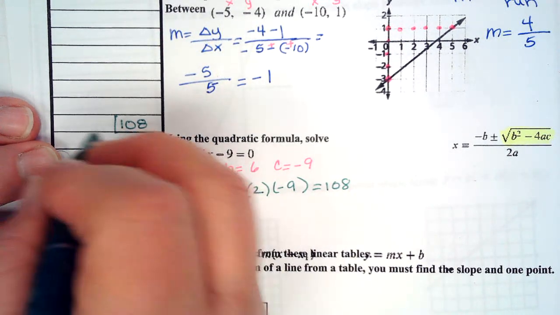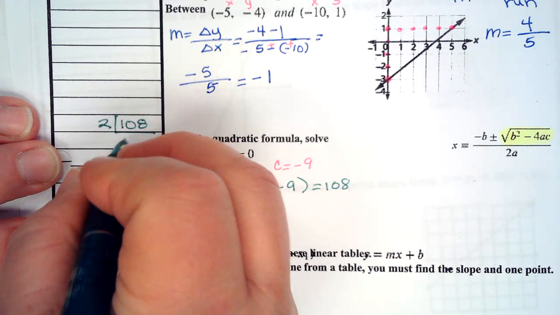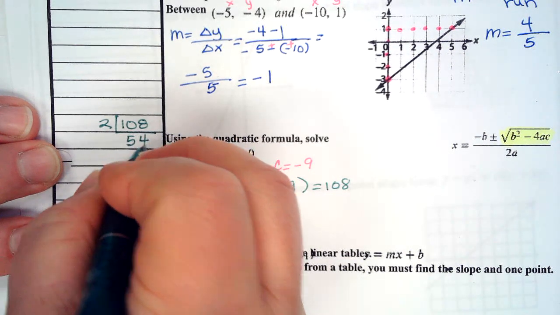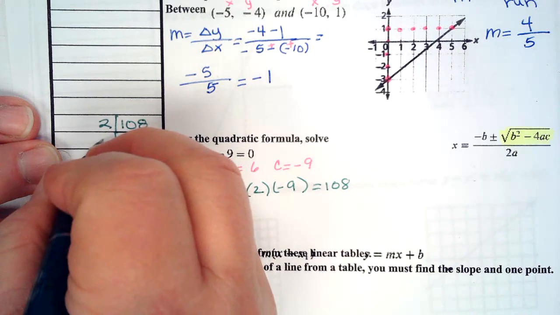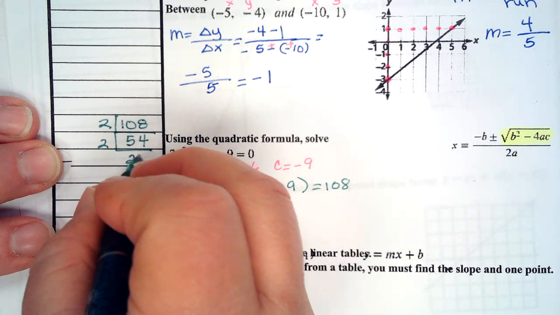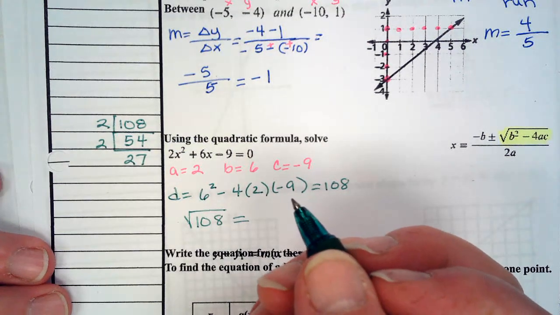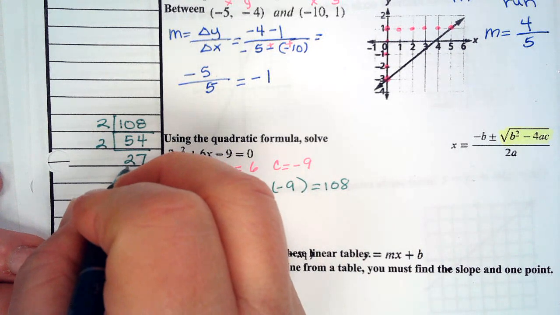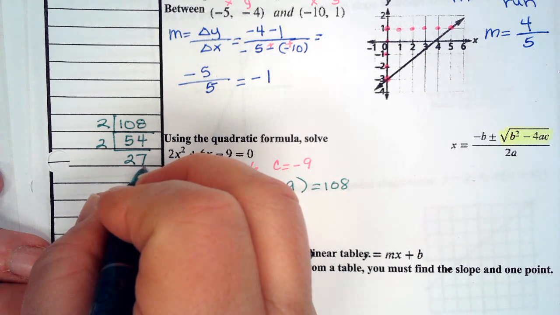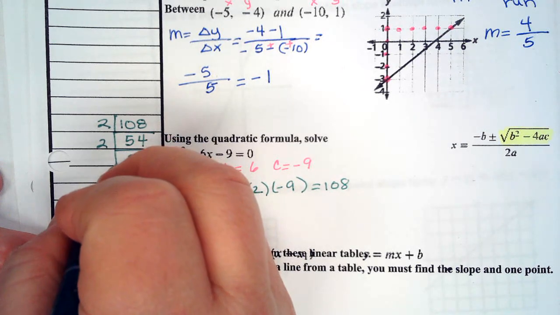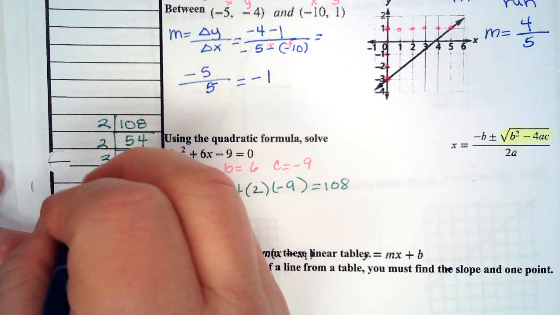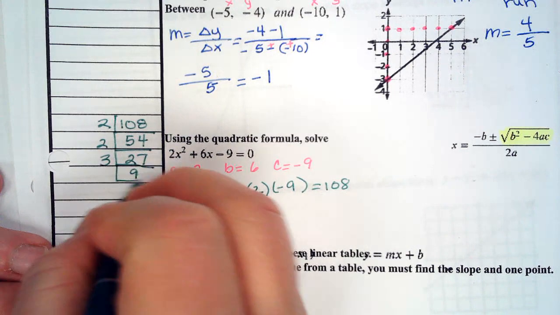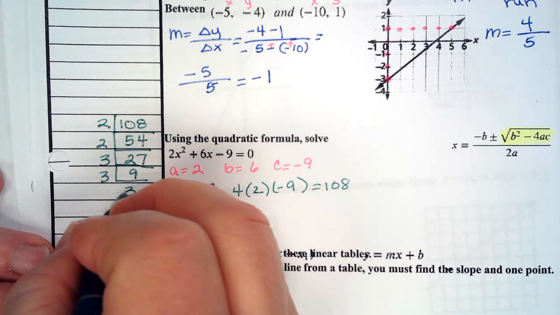So 108 is divisible by 2, I get 54. 54 is divisible by 2, I get 27. 27 is not divisible by 2, but 2 plus 7 is 9. I know it's divisible by 3 and by 9. Divide by 3, I get 9. Divide by 3, I get 3.